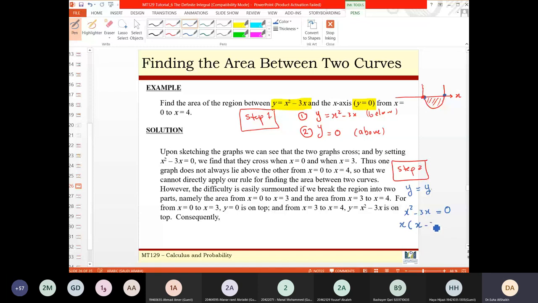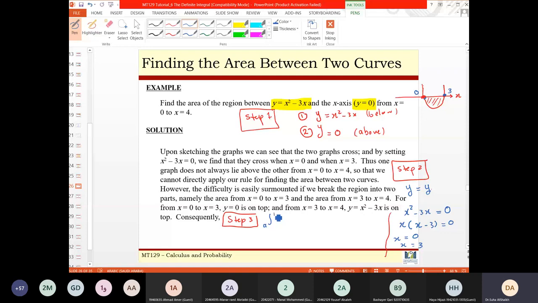I remain with x minus 3 equals 0. This will give me either x equals 0 or x equals 3. So what is this point? It is 0. What is this point? It's 3. Right? So step 3 is that I have to find the integration now.